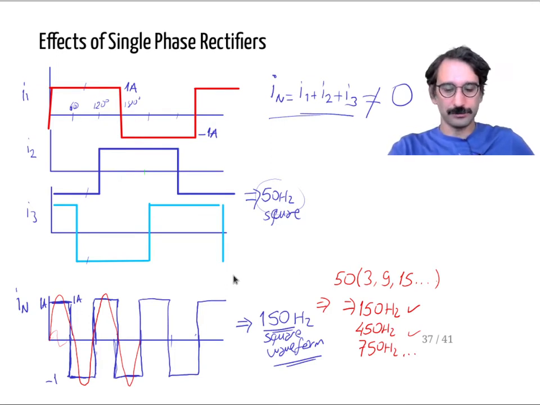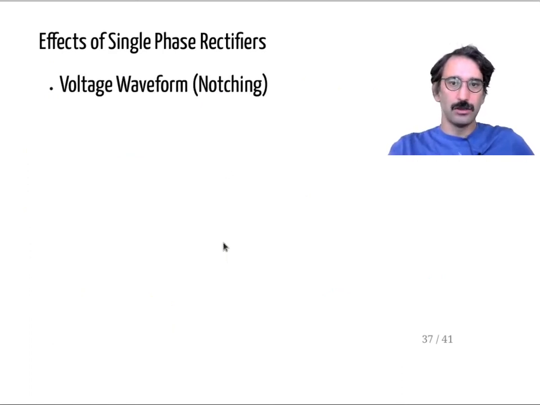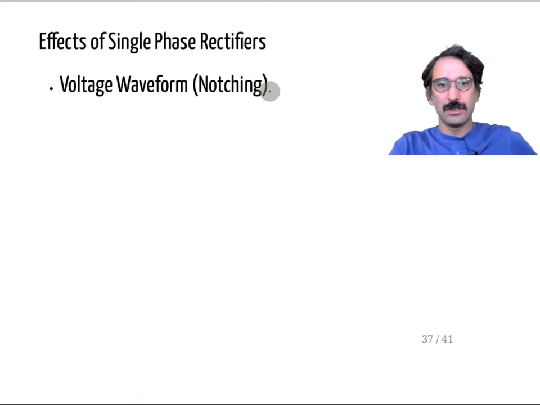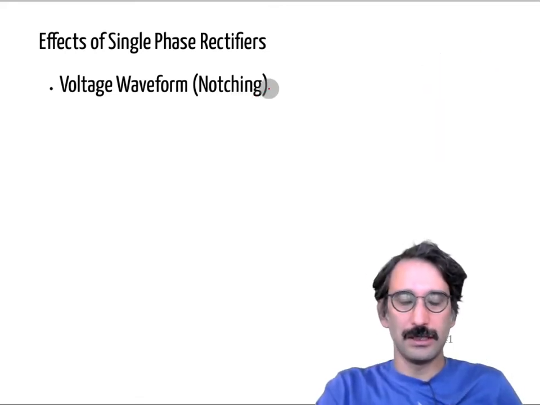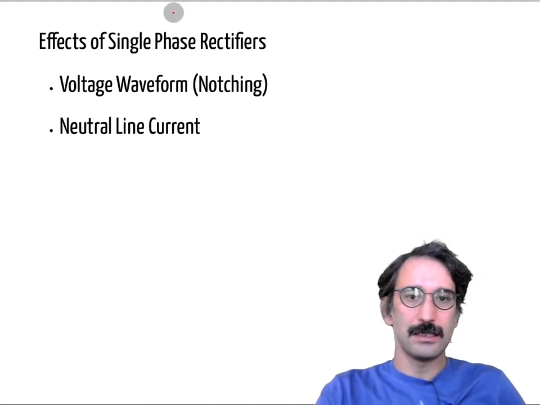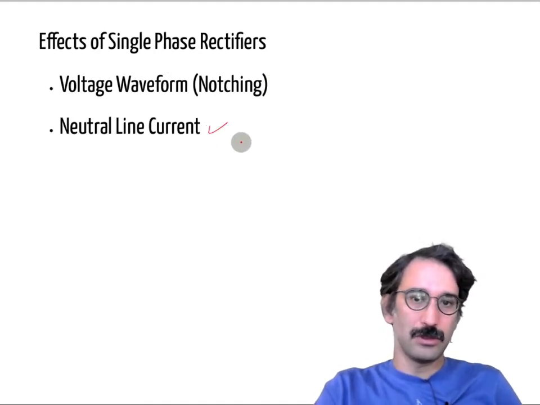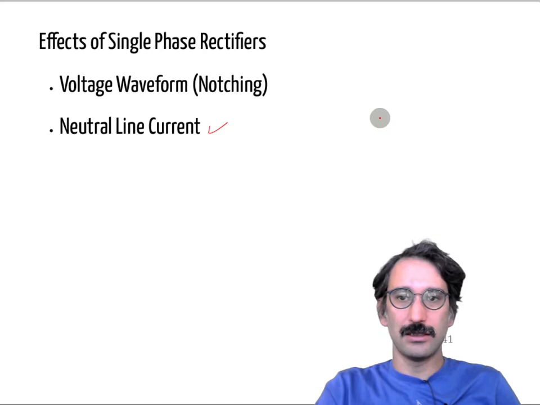and that can affect other customers. Okay, so let's see those effects. So you could have the voltage waveform notching, which I will show you in a couple of slides. So next you will have some neutral line current. If you think about that, why neutral currents matter, yes, you have some resistances and inductances of the line, right?